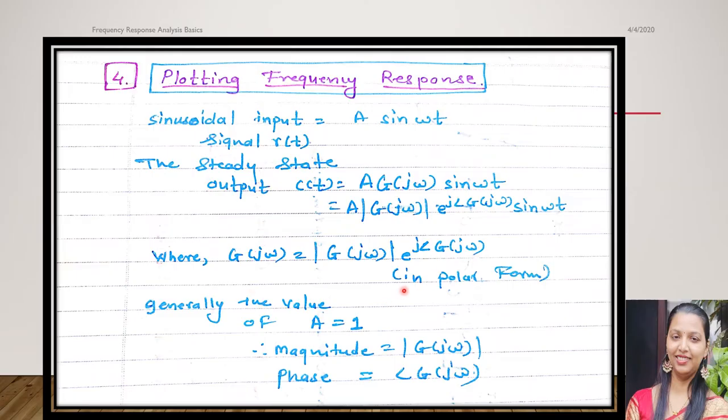This is in polar form. Generally, the value of A is equal to 1. Therefore, the magnitude is equal to magnitude G(j omega) and phase is equal to angle G(j omega).